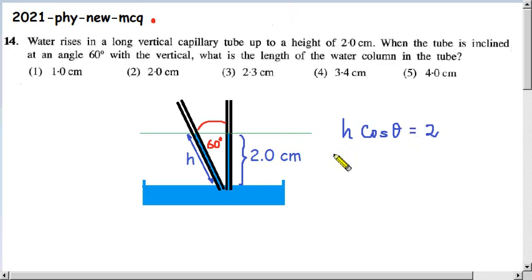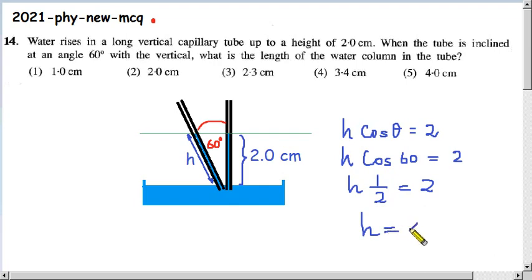So let us simplify. h cos 60, they have given the angle 60, equals 2 centimeter. Then cos 60 is half, so h equals 2 times 2, 4 centimeter. So that is the answer, the fifth one.